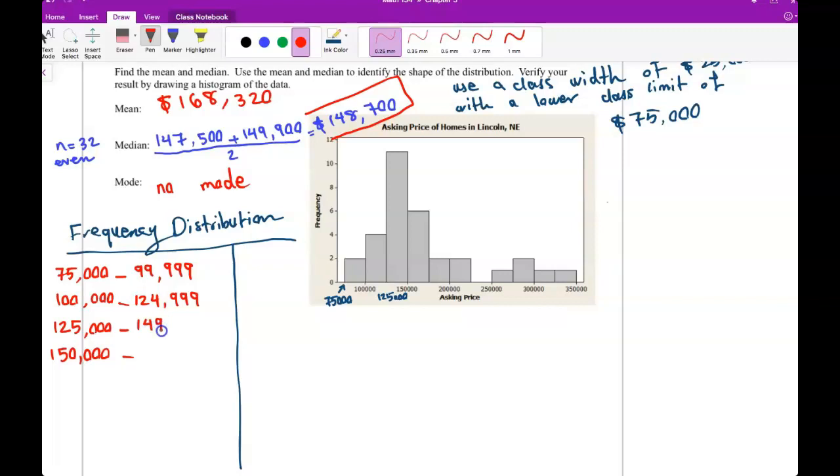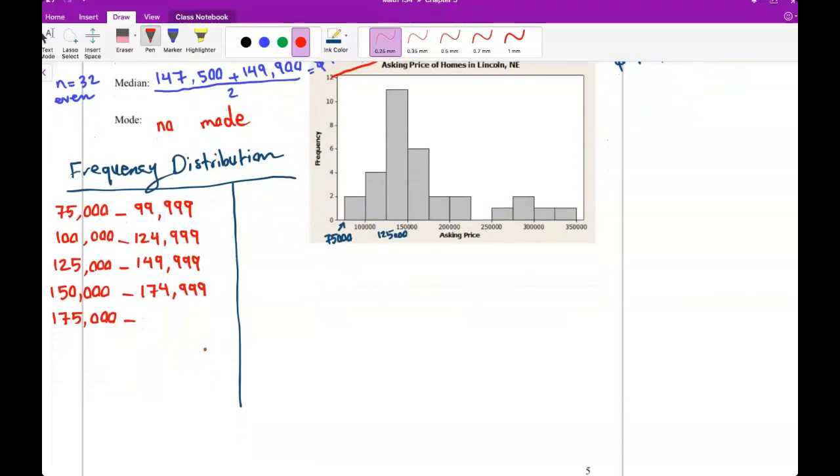This is 149,999. $174,999. I'm subtracting 1 from this part to find that class.